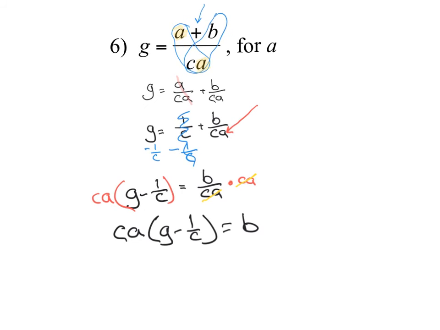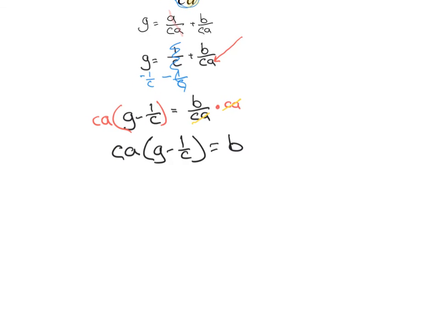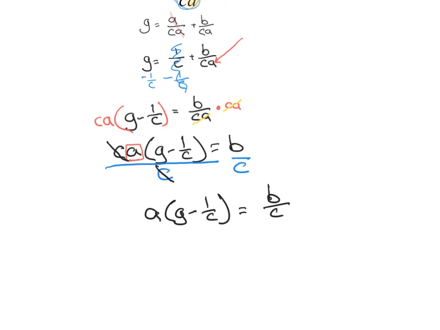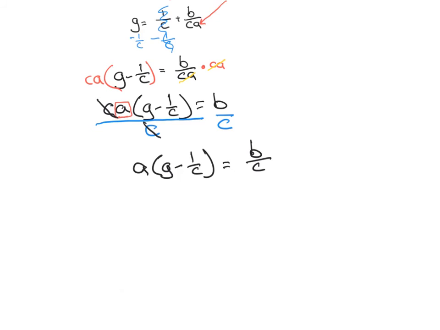All right, so you see how that's there? So now, again, what am I trying to get by itself? This guy, this A, right? So let's take this and let's divide this side by C. So divide this side by C. That way this C and this C cancel. So now we got A times G minus 1 over C equals B over C. Now I just need A by itself.